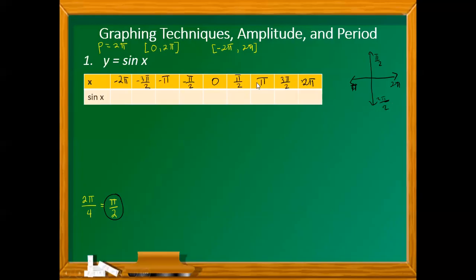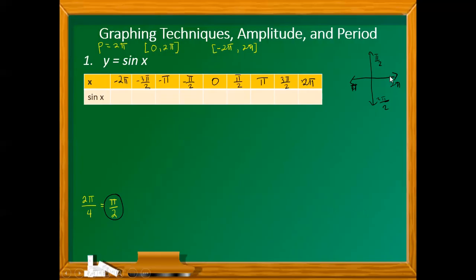So sine of negative 2 pi would mean considering the y coordinate in reference to the unit circle. 2 pi is coterminal with negative 2 pi. So whatever the y coordinate of 2 pi is will be its sine value.